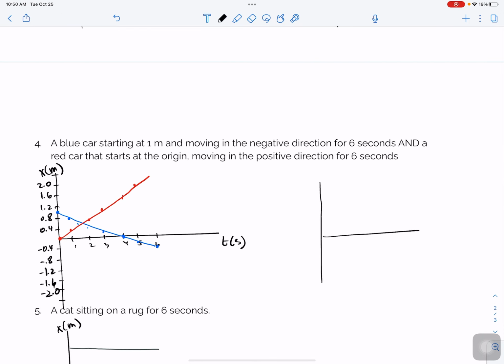Blue car and red car. So blue car is moving in the negative direction. So I think I'll do a negative 0.2, positive 0.2, positive 0.4. So blue is going negative, so we can call that blue. And then red is positive, red.